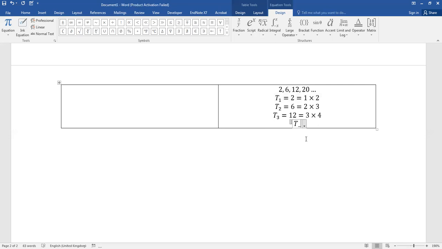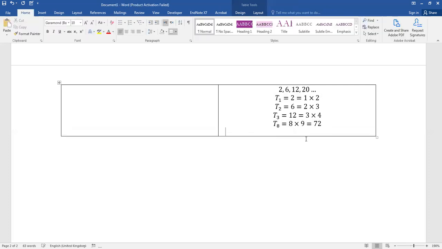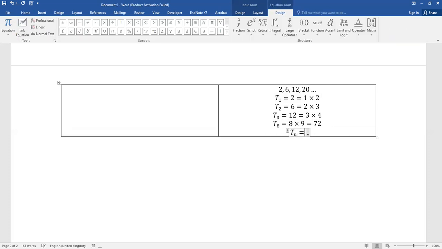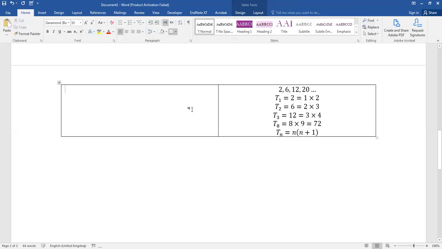Similarly, if I were to get the eighth term of this sequence, I'll simply take 8 and multiply it by the number right after that, which is 9, and that will be 72. So if I were to get the nth term, I'll take the number n and multiply it by the number right after it. So these are quadratic sequences or quadratic terms. We'll go to the general formula as well, but this is just to give you very basic info on the quadratic sequence.